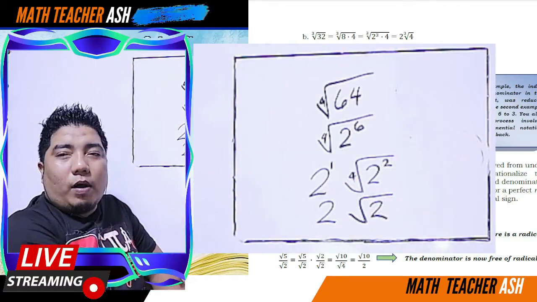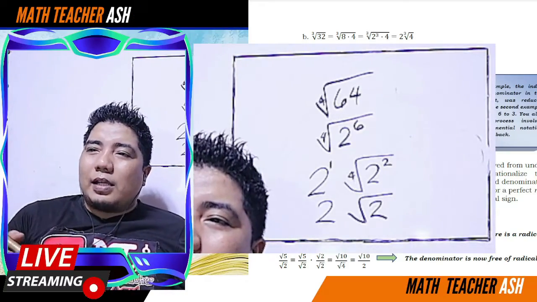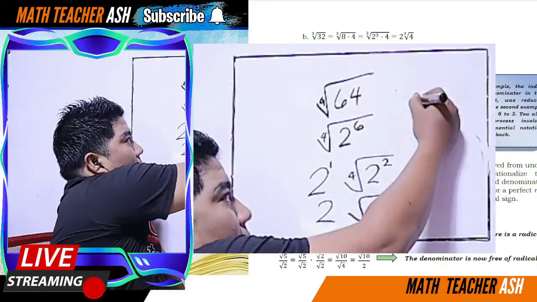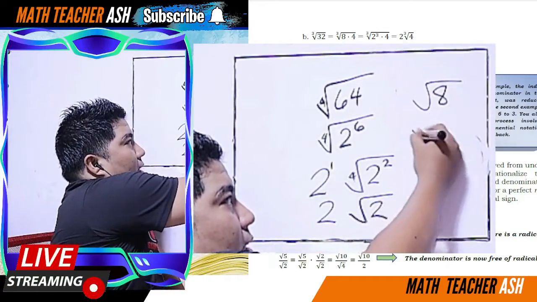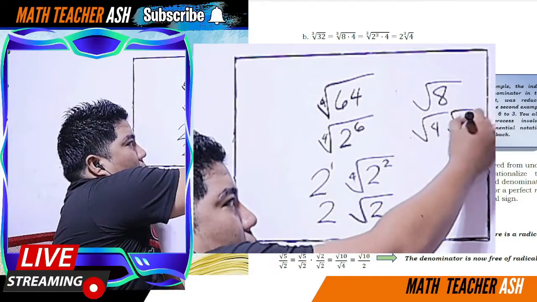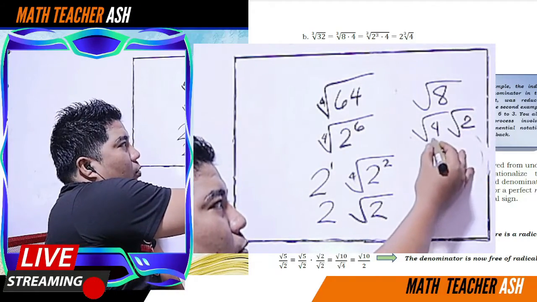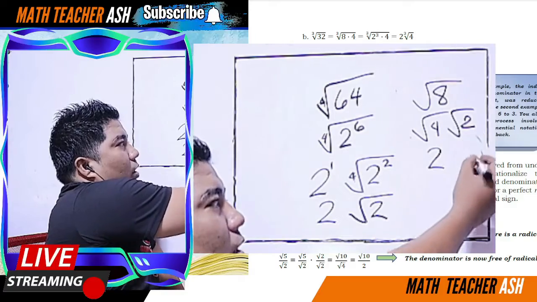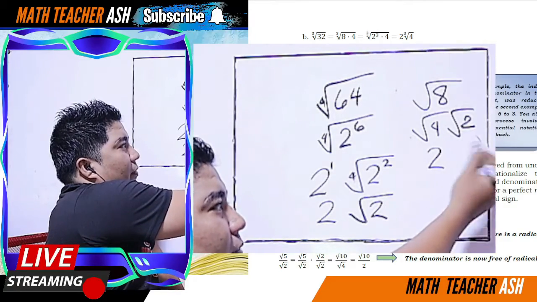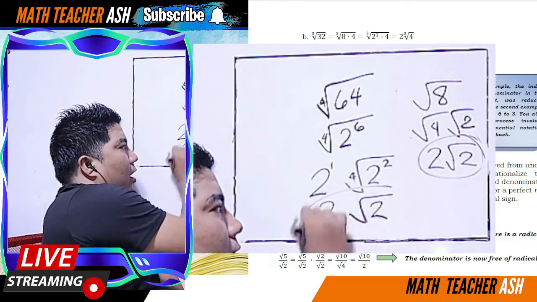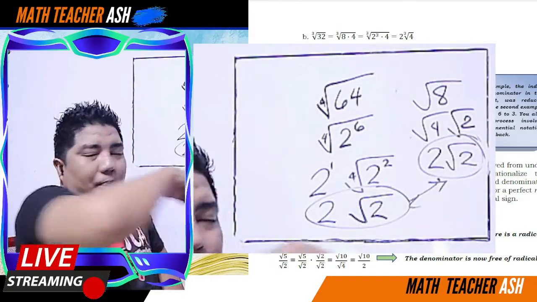Okay? Now, ang tanong ngayon, Sir Ash, bakit ang sagot dito is square root of 8? Remember, my dear math learners, that square root of 8, when you simplify this, this will become 4 and 2. And if you simplify square root of 4 and 2, the square root of 4 is a perfect square, and the square root of 2 is not a perfect square, then you just copy this one, and they are just the same.